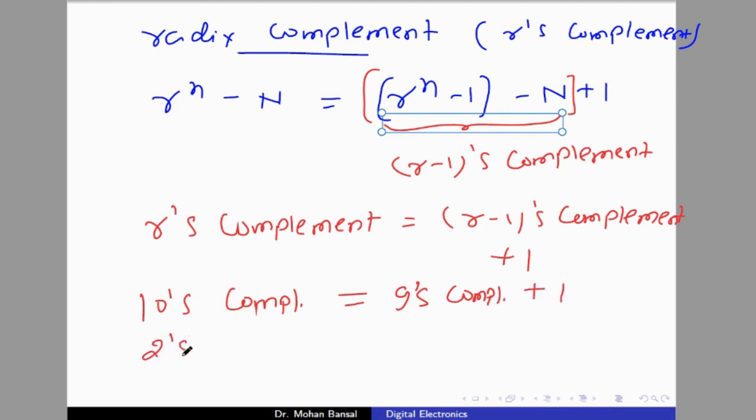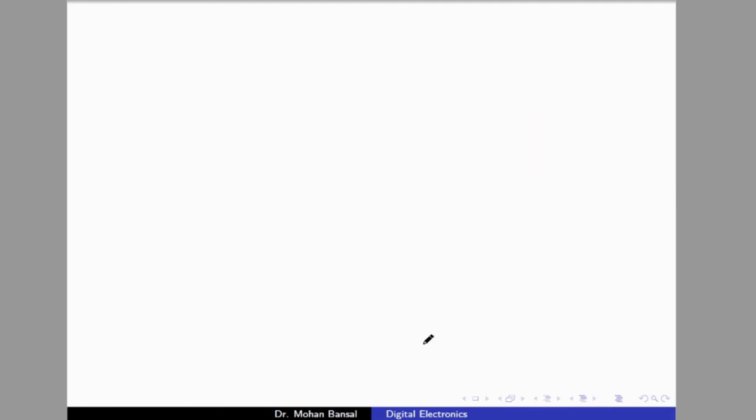Similarly, the 2's complement is equal to the 1's complement plus 1. So this is the way we can get the radix complement, or 2's complement, or 10's complement. Now let's take one example of 10's complement.